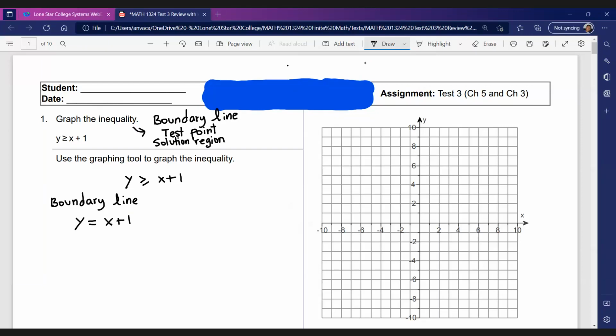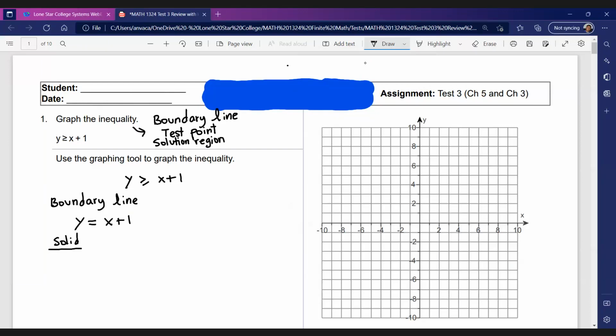Basically, I replaced the inequality symbol with the equal sign. This boundary line is going to be solid because the inequality symbol has the equal to. I'll try to explain what that means in the actual graph.